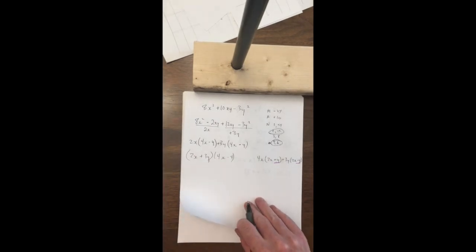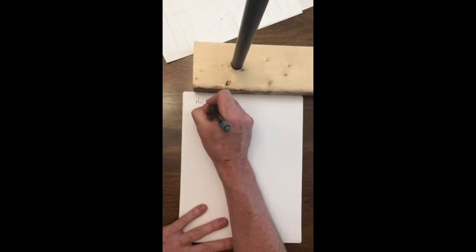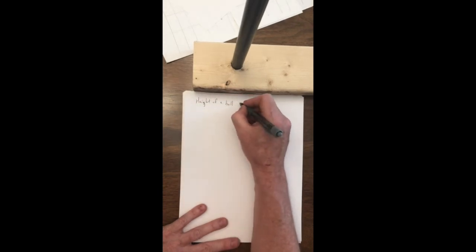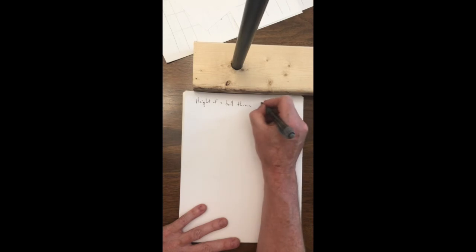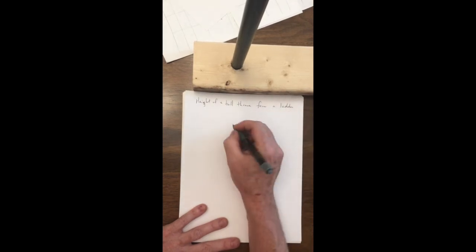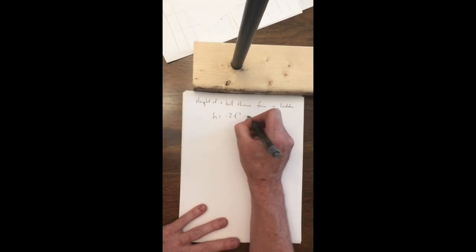And one more question. It's a word problem. And it says that the height of a ball thrown from a ladder can be approximated by this formula. We've seen these formulas before.